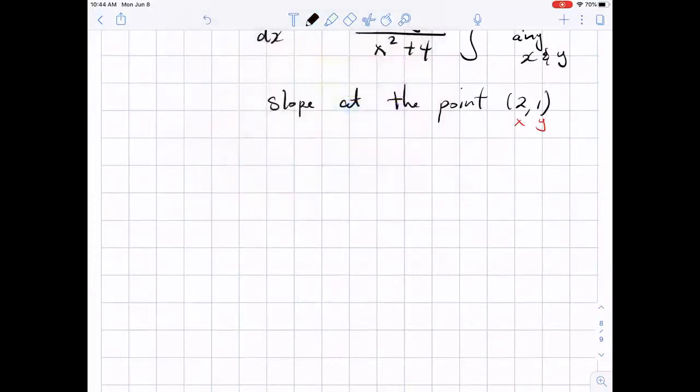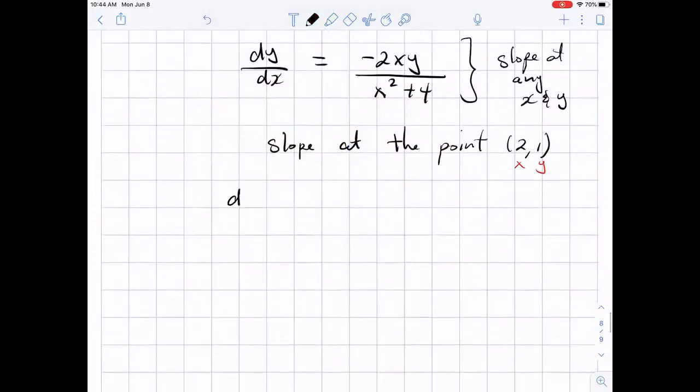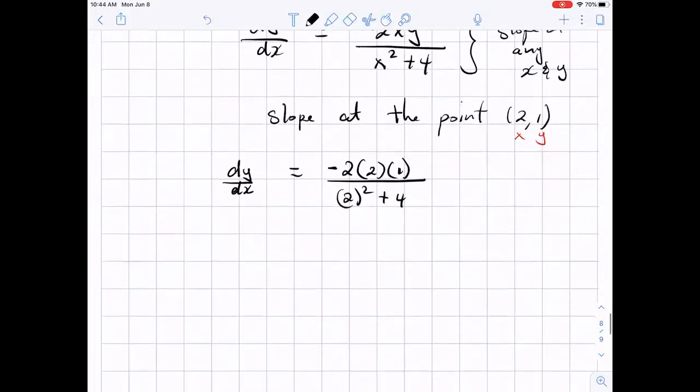So your slope, dy/dx, would now be equal to minus 2, x is 2, y is 1. And we plug in again, x is 2, and y is 1. There's no 1 in the denominator. So this is the slope at (2, 1).